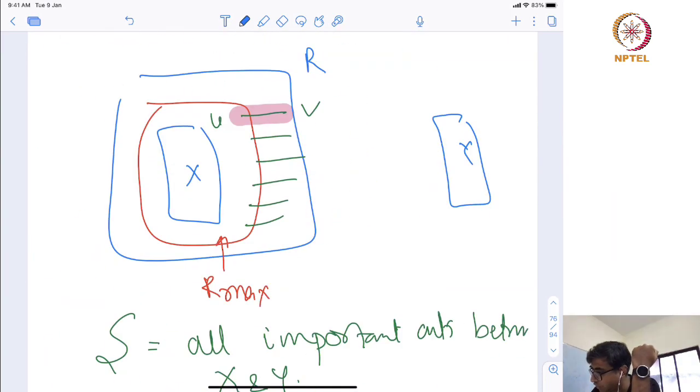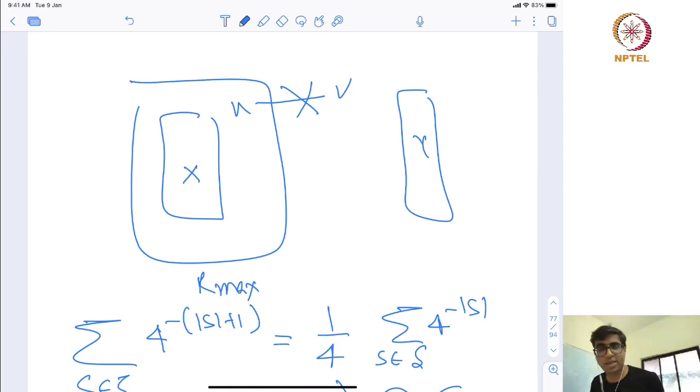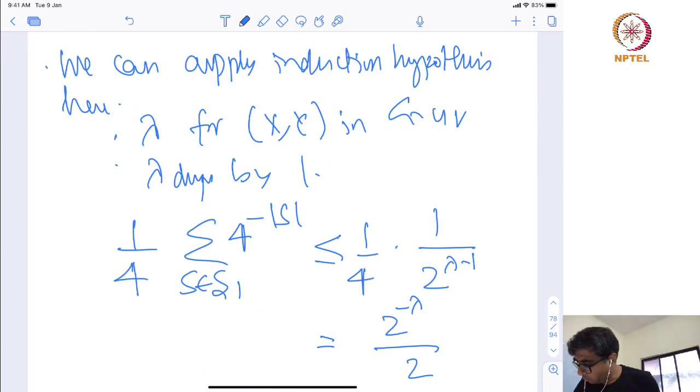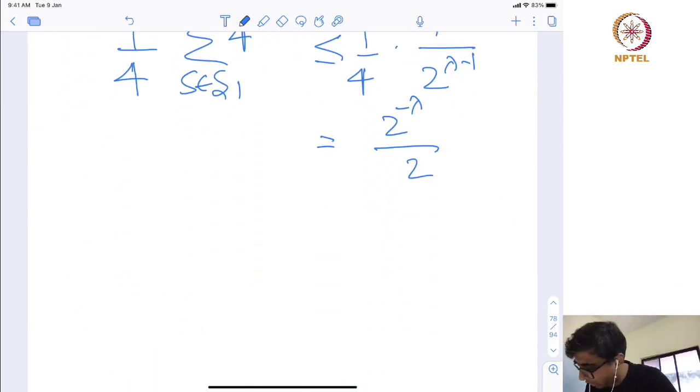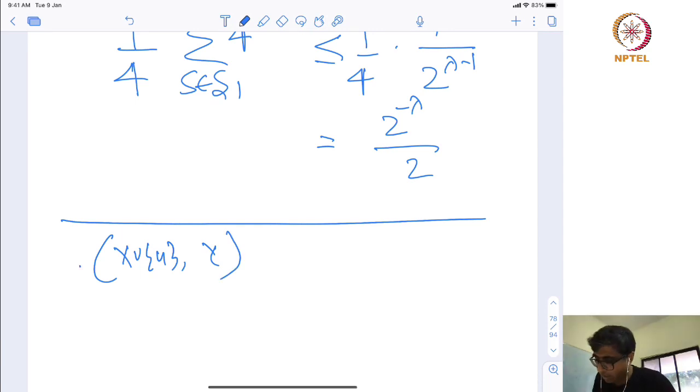Okay. Look at the other direction. What happens if you decide that UV is not in this? Then in the second case, I am looking for all important cuts between this and Y. But now what happens?